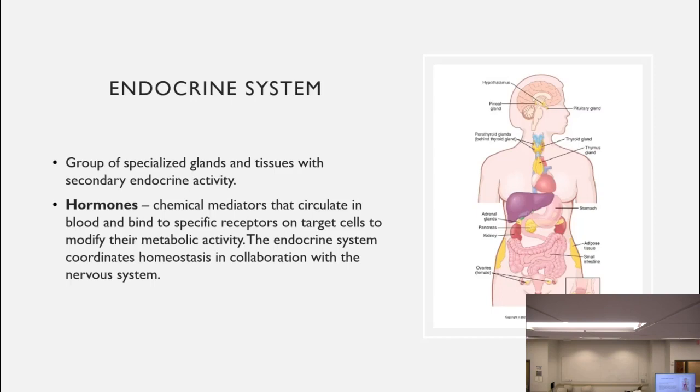We're going to see how the endocrine system and the nervous system work together to facilitate and maintain homeostasis. The nervous system tends to act in the short term, with immediate, very fast action. The endocrine system typically takes longer, so it maintains homeostasis over a longer term.